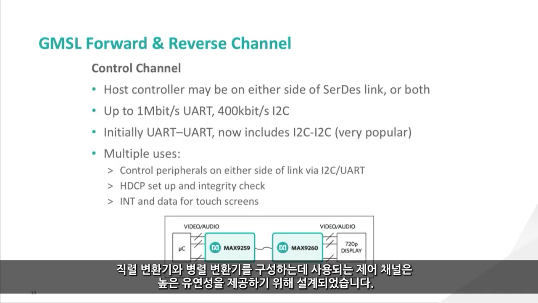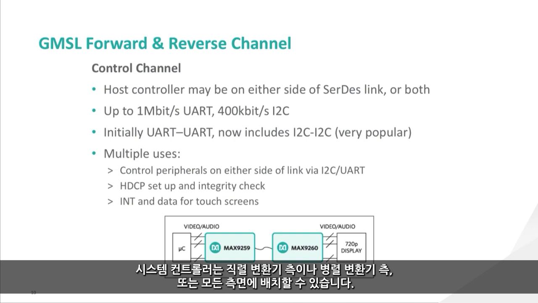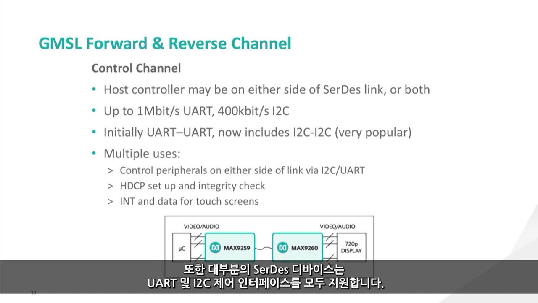The control channel, which is used to configure both the serializer and deserializer, is designed for high flexibility. The system controller can be located either on the serializer side, the deserializer side, or both. Additionally, most SerDes devices support both UART and I2C control interfaces.